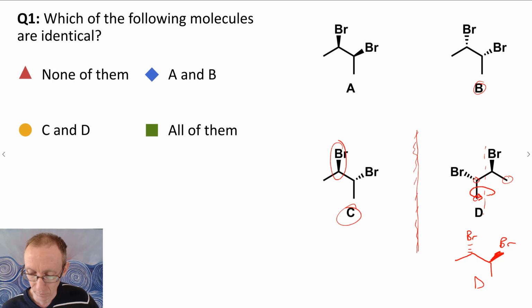If we spin that molecule around, now this carbon atom here will go off to the right like that, and this carbon atom here will be an up bromine like so, and then as we go down to this one here, we'll have an up bromine, and then we'll have a down carbon atom like that.